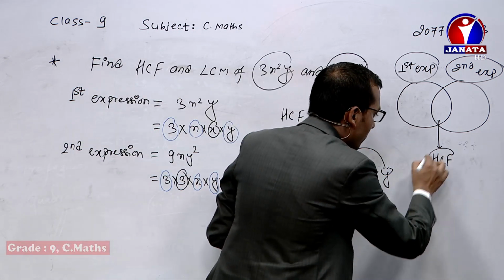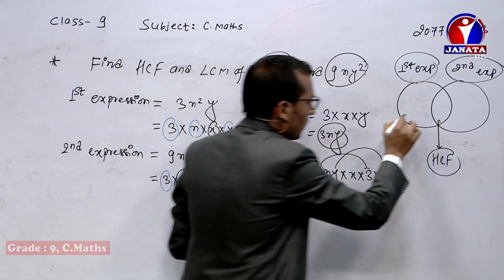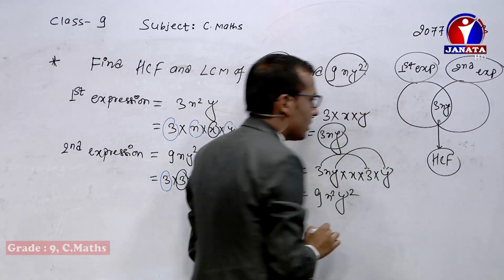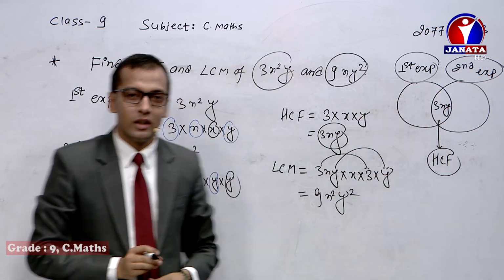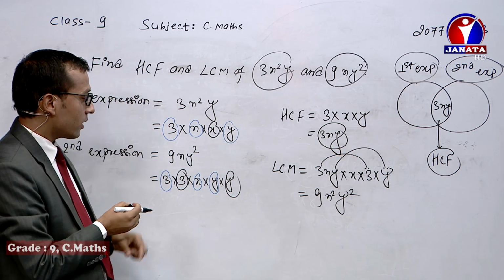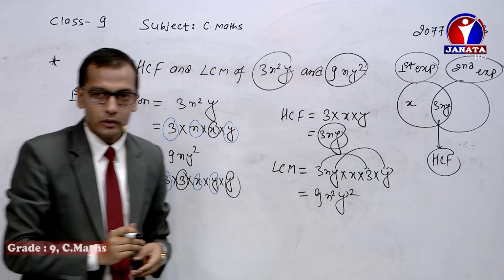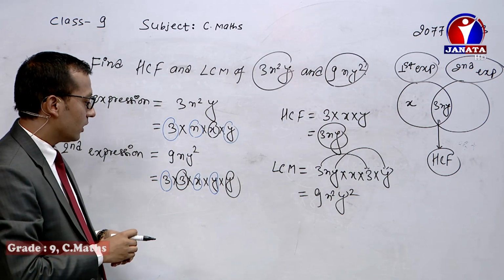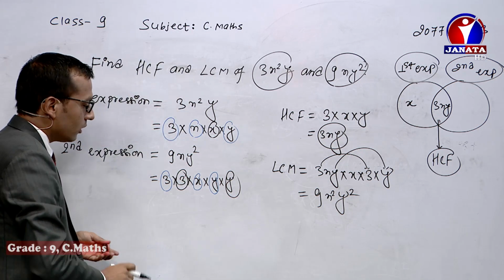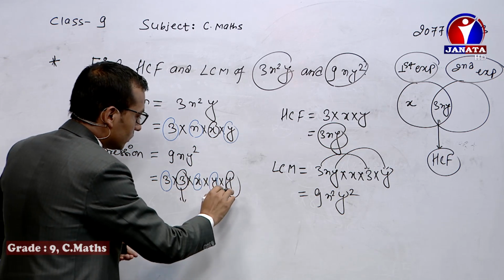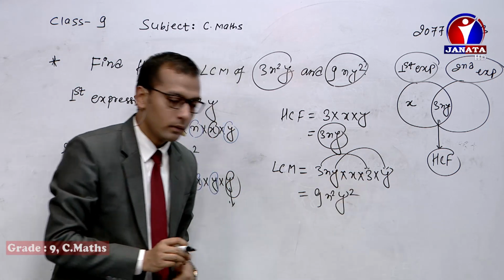So what is HCF? HCF is 3xy. 3xy is HCF, and this is first expression. Now what are the factors left in first expression? Only x. What are the factors remaining in second expression? Remaining factors of second expression are 3 and y.